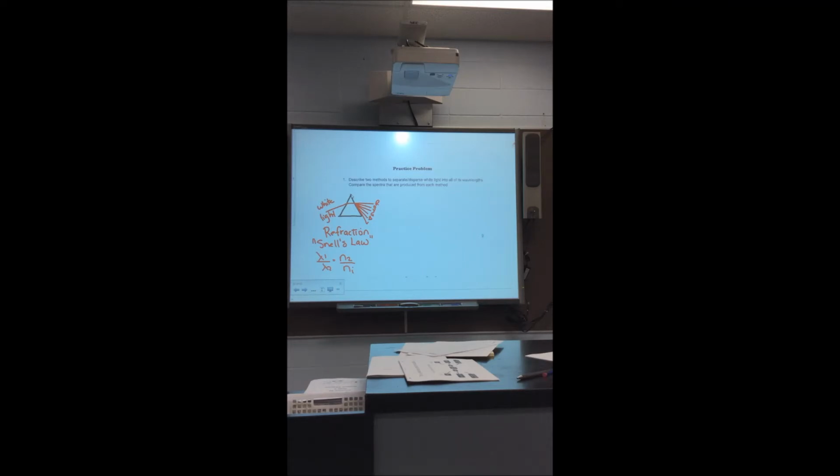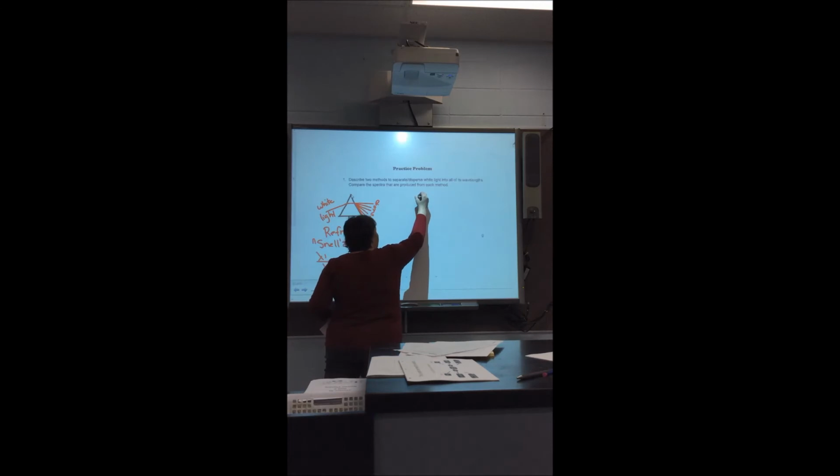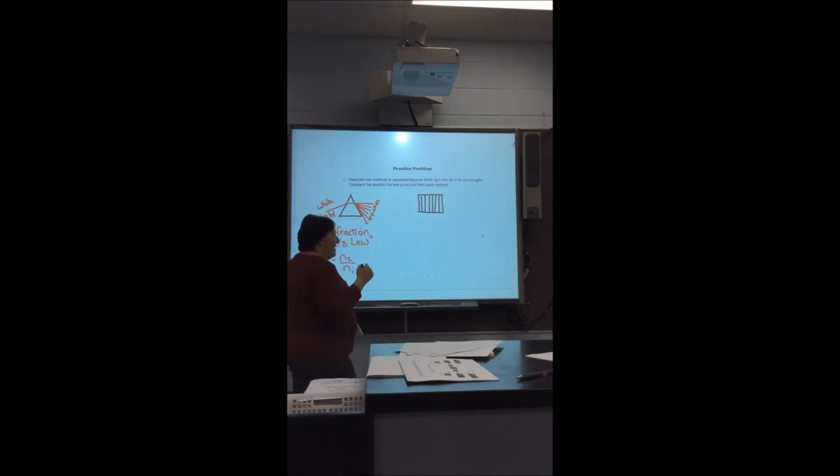Okay? The second method would be to shine this light through a diffraction grating. So a diffraction grating is something that's got a number of slits inside of it. And the thing that we want to remember is that the closer those slits are to the size of the wavelength, the more diffraction that we're going to see.